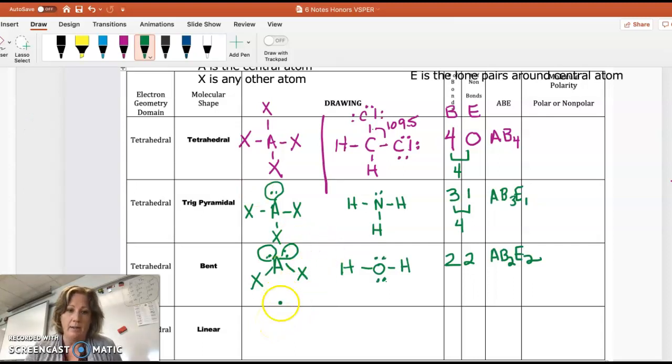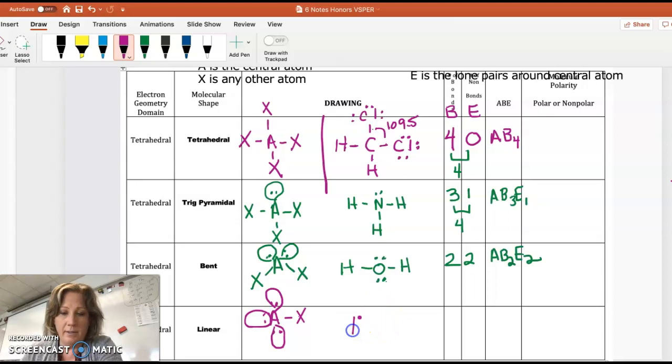So we would draw A, and then the other element, and A would have those 3, if we want to draw them as bubbles, you can. 3 lone pairs and 1 bond.